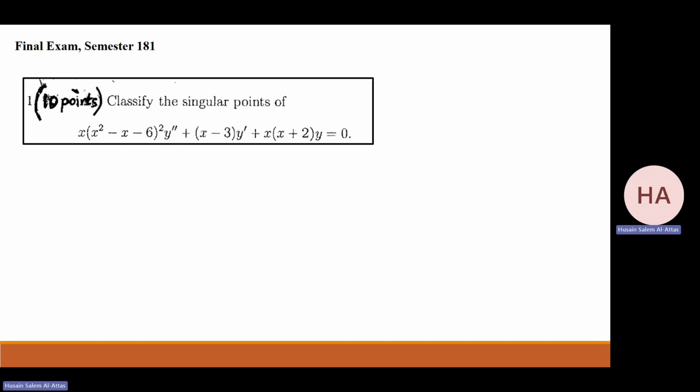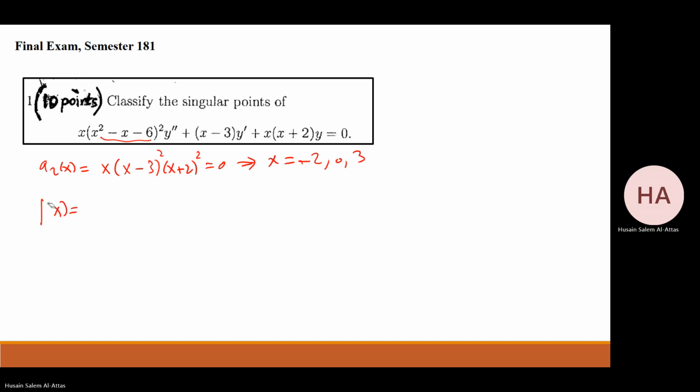Now, classify the singular points. Okay, so what is A2 of x? What are the singular points? This is x minus 3 times x plus 2, minus 6 minus x. Then set the square equal to 0. So I have x equals 0, 3, minus 2. Or let me make it minus 2, 0, 3. Better. Okay, so what is capital P of x? Let me find it here.